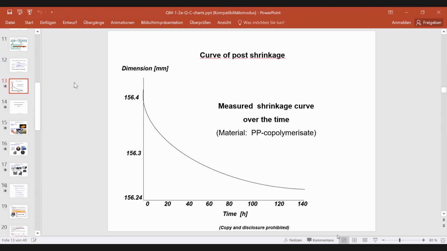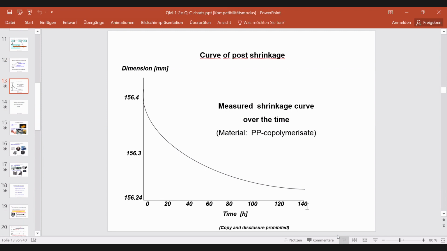Some of the quality characteristics cannot be measured directly after the production of the product. Let's look at this curve here. This is the shrinkage curve. So the dimension here is changing. The dimension is becoming smaller and smaller over the time.